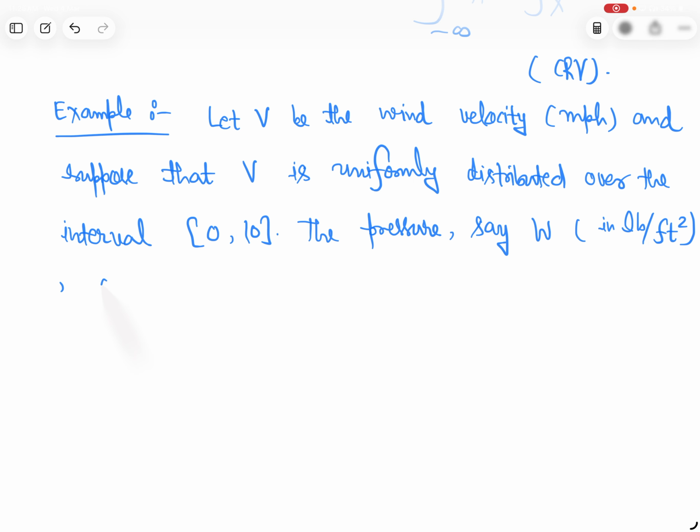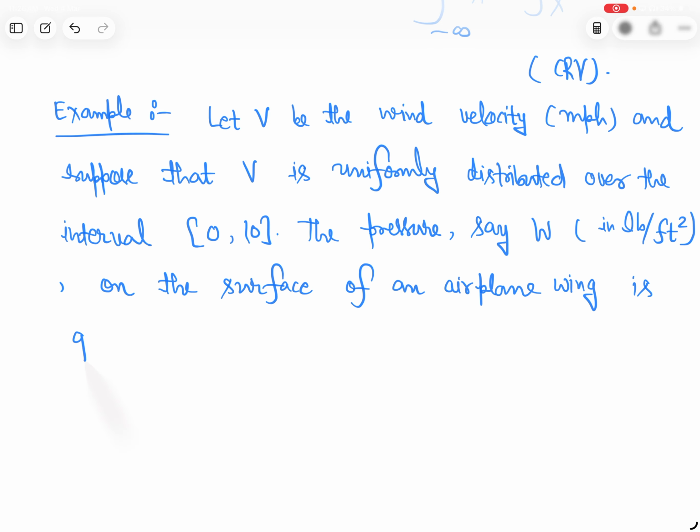On the surface of an airplane wing, okay, is given by the relationship W is equal to 0.003 V square.